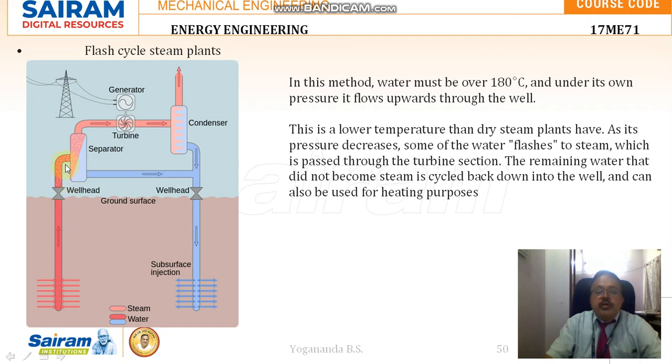As the pressure of this water decreases, some of the water flashes to steam. The water flashing into steam is getting boiled and converted to steam under low pressure, and that steam is passed through the turbine.